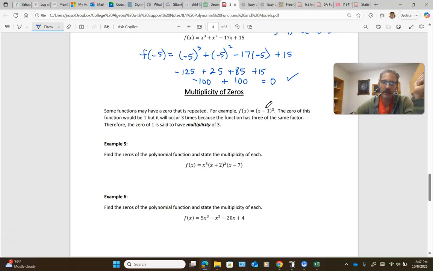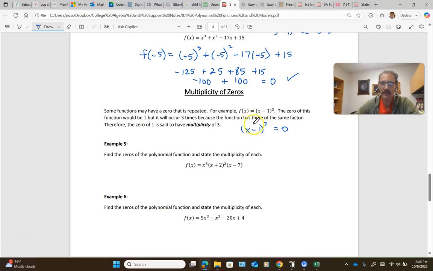What I want to point out, though, is that when you find a zero, and we did this when we were finding the zeros of those quadratic functions, the algebraic way to find a zero is to take your function, whether it's in factored form or not, set it equal to 0 and solve for x. Typically that involves factoring. If it's a quadratic function, we could use the quadratic formula, if you recall.